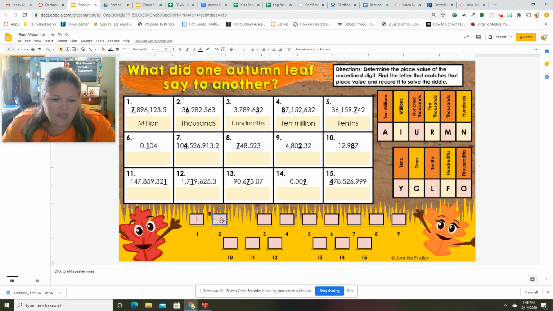So you're going to put an M. Number 3, hundredths. So find hundredths and we're going to put F. Number 4 is 10 million. So 10 millions is going to be A. And then number 5 is tenths. So that's going to be L.